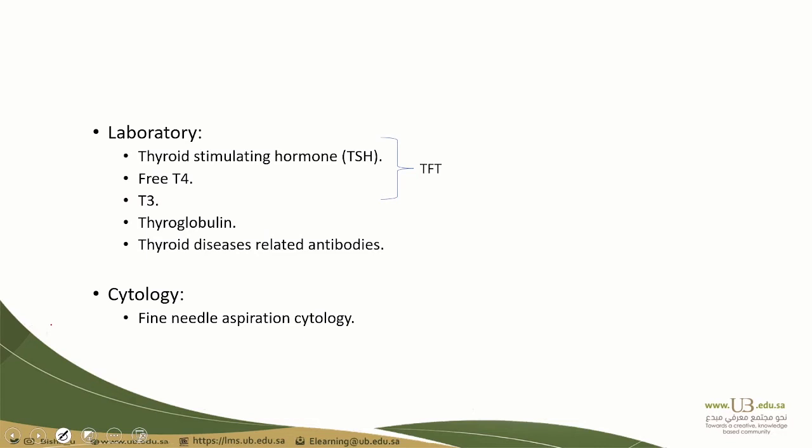If I have a chance to do only one laboratory test for a goiter patient, I would do thyroid stimulating hormone, because if the TSH is high, that means the patient is hypo, and this is the TSH coming from the pituitary.